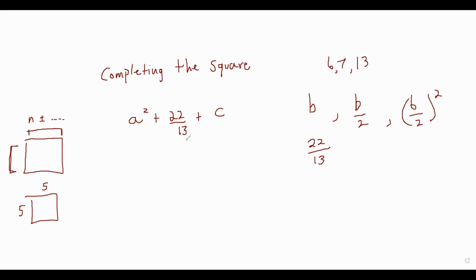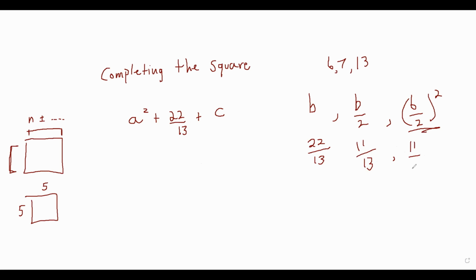And so it'll be 22 over 26. That would be the same thing as just taking half the top. So that is just 11 over 13. And then squared. This is b over 2 squared, which is this right here.